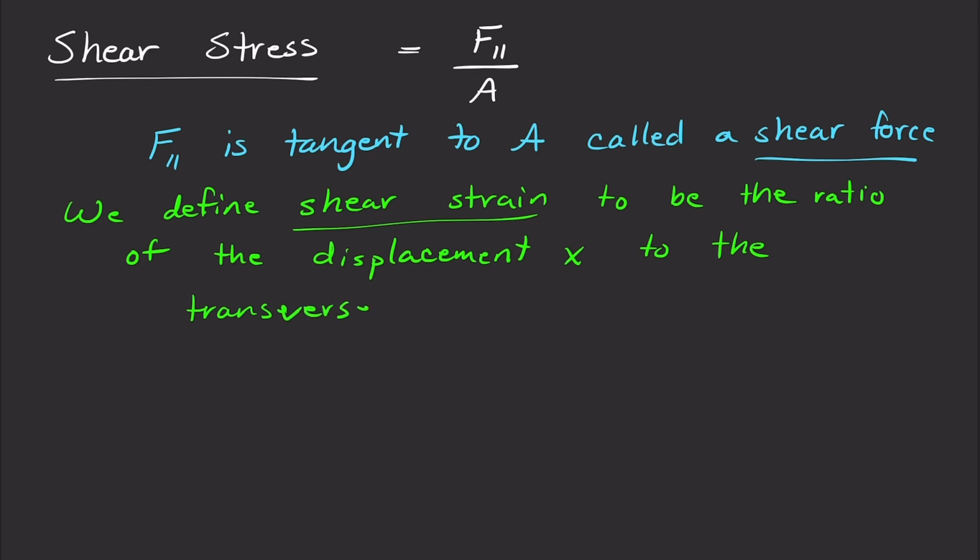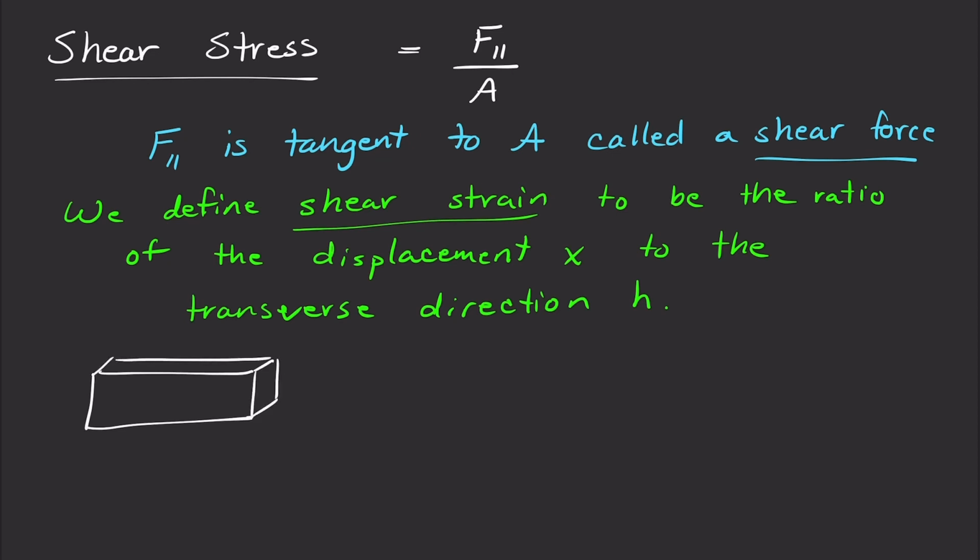So we'll see an example of this in just a second. The transverse direction h. Okay, so what does this mean? So let's say you have some rectangular prism, something like this, and it has some cross-sectional area on top, it has some height h, but then we apply some forces that are tangent to this area.